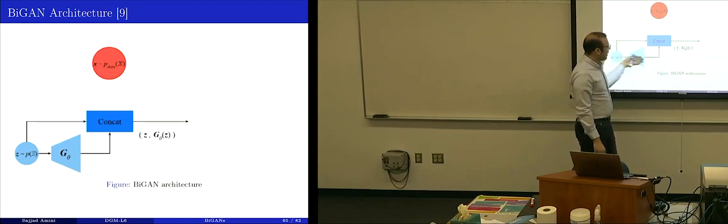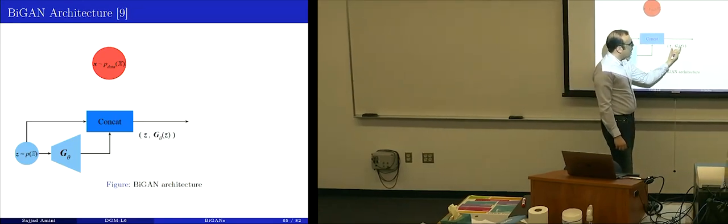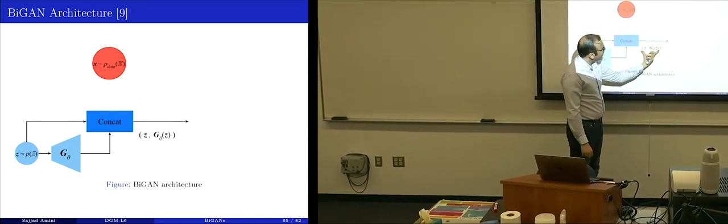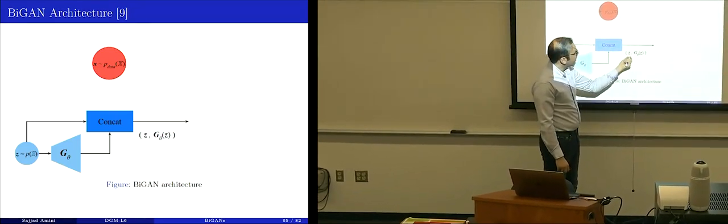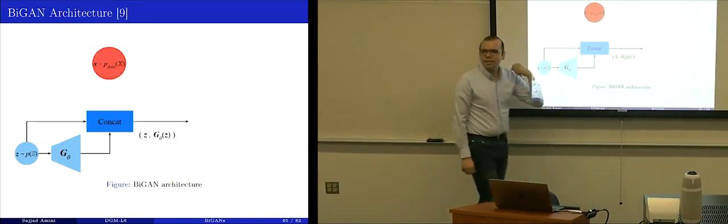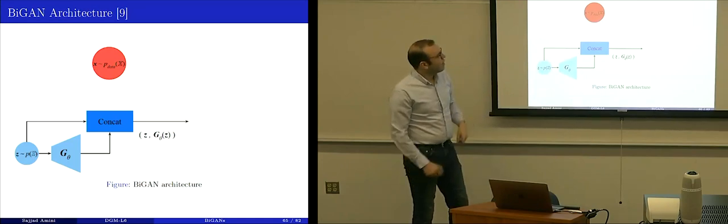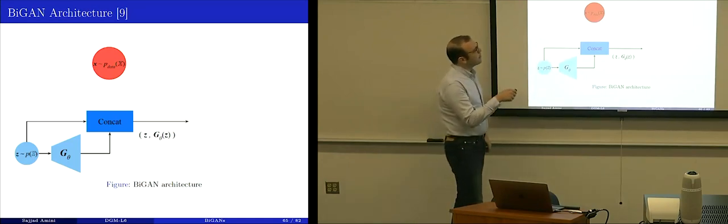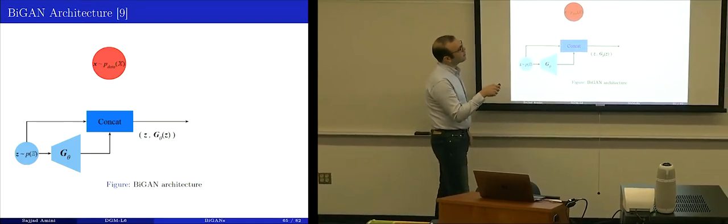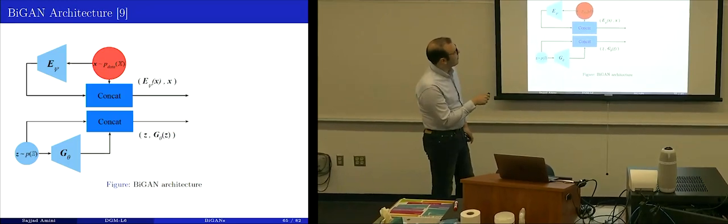But here we know that this is our generative model. Now instead of considering g theta of z, which is x, I consider an extended, concatenated vector, which is z concatenated to g theta of z, instead of g theta of z itself. Also, for the data coming from the true data distribution, I consider this architecture.